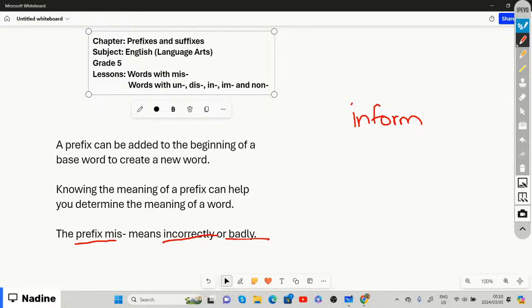It means that you're communicating. But as soon as we add the prefix in front, misinform, it means that I have informed you incorrectly. The wrong information is given.